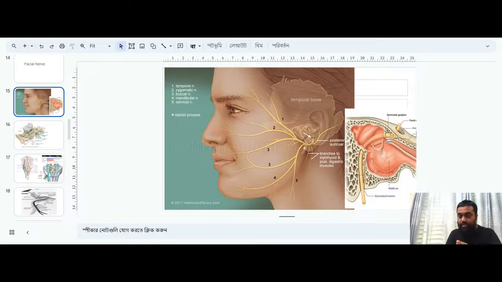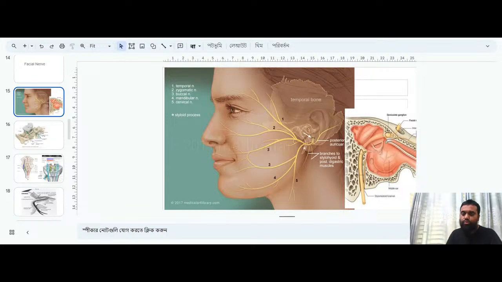My question is that one person with facial nerve palsy has the forehead like me. He can wrinkle his forehead like this, bilateral wrinkle. And one person has facial nerve palsy, but he cannot elevate this part, so there is no wrinkle in the forehead.